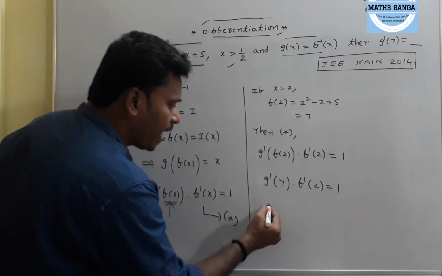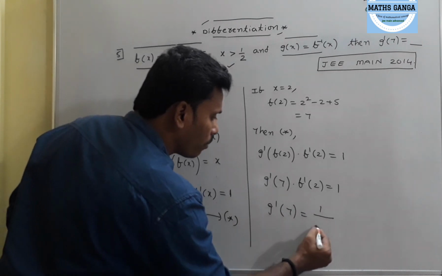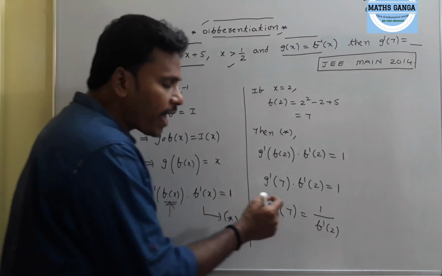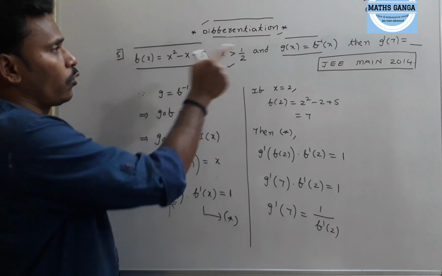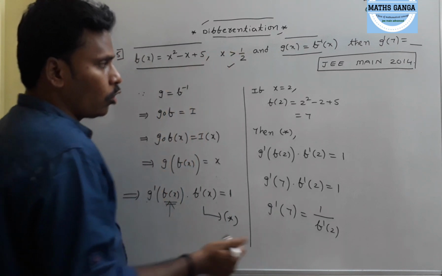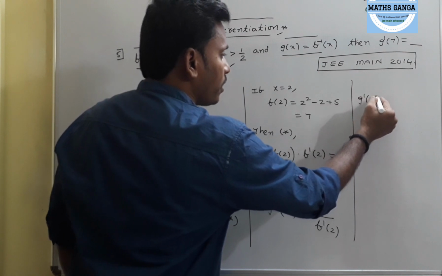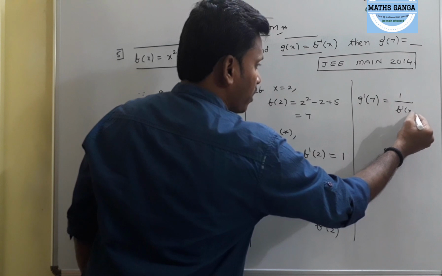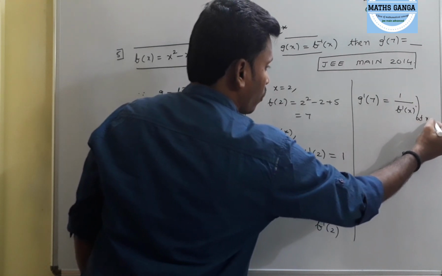We need to find g dash of 7. So g dash of 7 is equal to 1 by f dash of 2. See, f dash of 2 is the derivative of f of x at x is equal to 2, right? So g dash of 7 is equal to 1 by the derivative of f of x, that means f dash of x, at x is equal to 2.